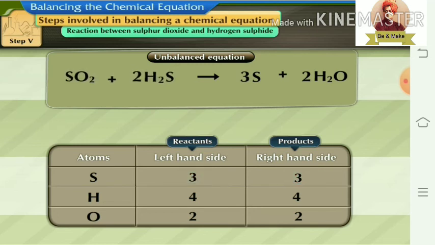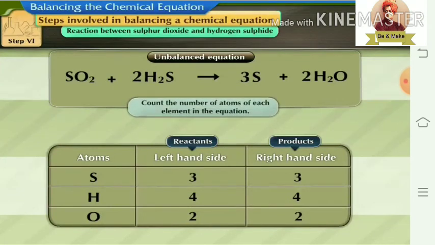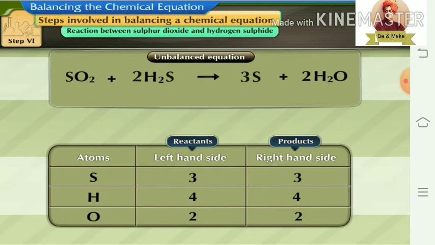Thus, in this step, we can count the number of atoms of different elements at reactant and product side. So, step 6. Count the number of sulfur, 3 LHS, 3 at the RHS, hydrogen 4, 4 and oxygen 2, 2. So this reaction is balanced now.